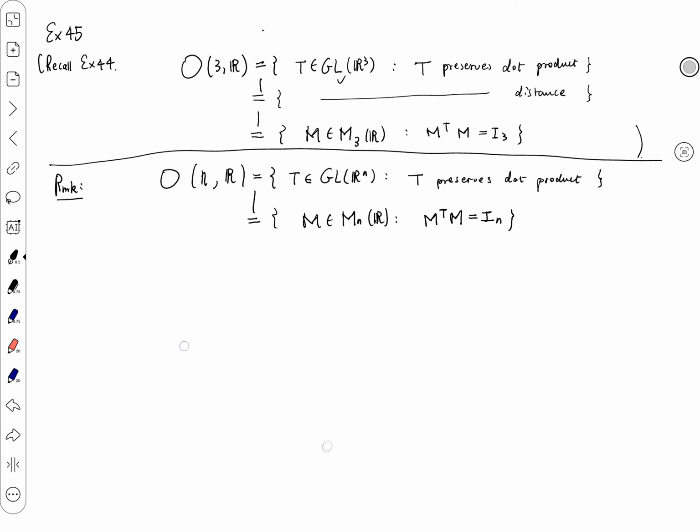So let's quickly recall the idea. Firstly, a quick remark is that this is again equivalent to saying that M has orthonormal columns.